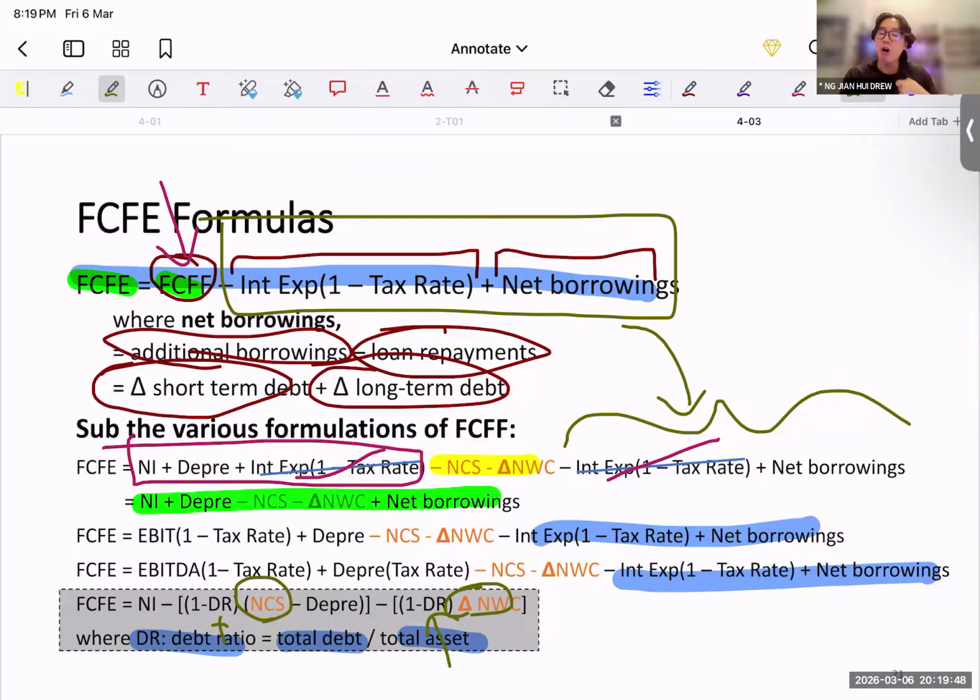Recall in your FCFF, we have an alternative formulation as well using the cash flow statement. Remember the operating cash flow that we discussed. So for FCFE, we also have an alternative formulation using our debt ratio, which is what is in here, right? The debt ratio.